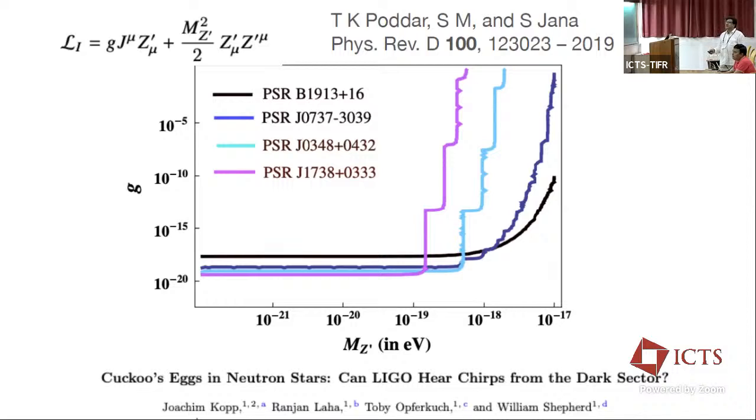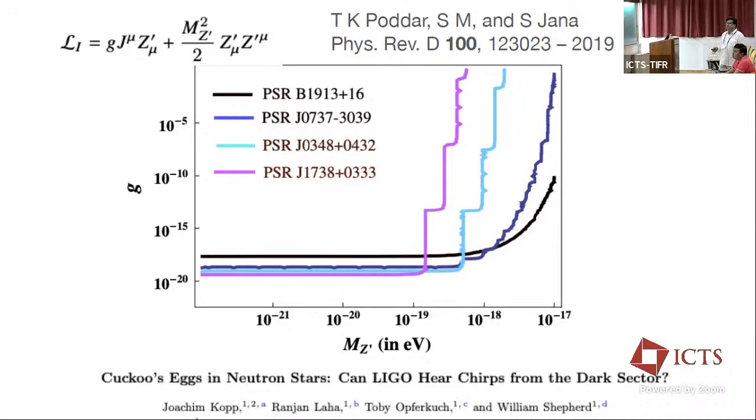So notice that these fail when this thing becomes heavier than 10 to the minus 17 or so, because the time period should be such that the frequency of the orbit has enough energy to excite these particles. Otherwise, you cannot produce these particles. So it's a coincidence that this is in the range of this ultralight dark matter.